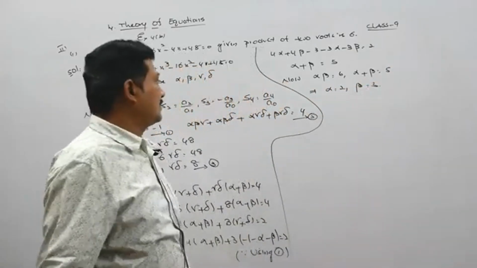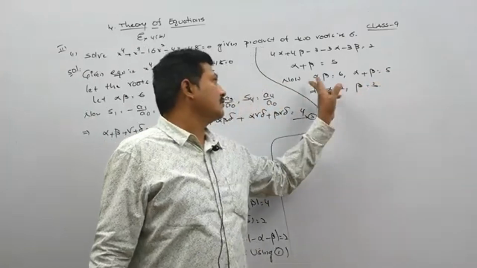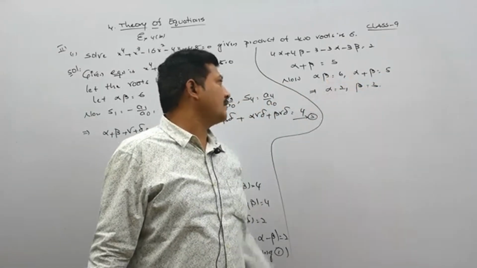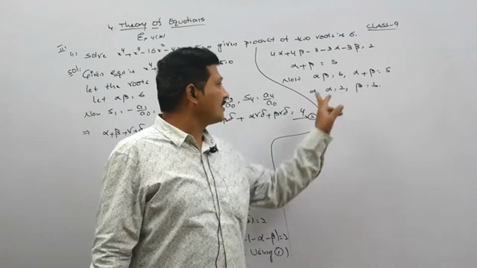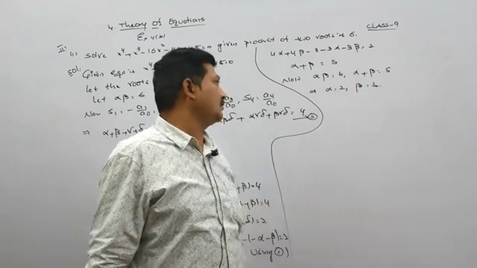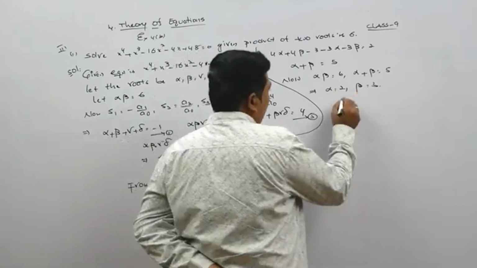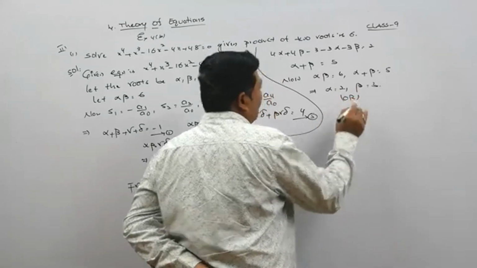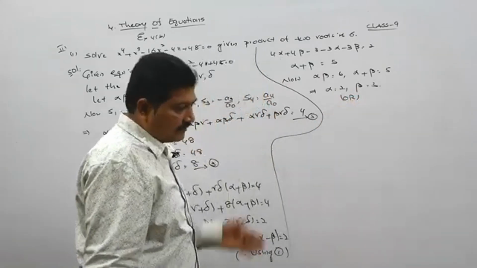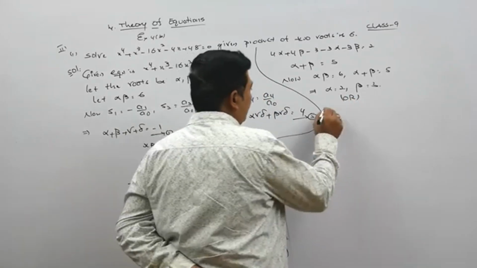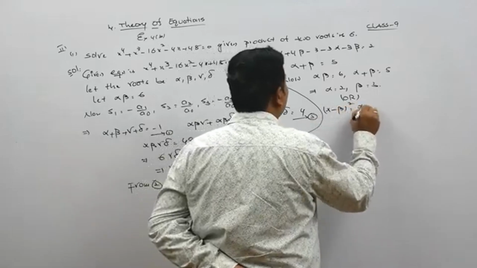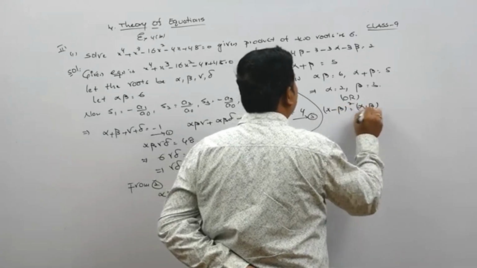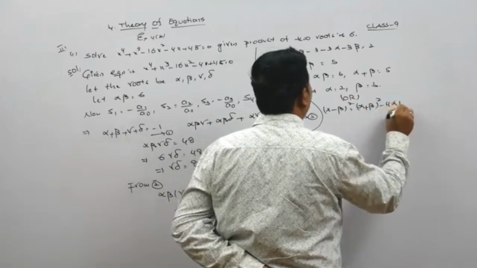You can think here simply. Sum of two numbers is 5 and their product is 6. So we have only one possibility, alpha is equal to 2, beta is equal to 3. Or if you cannot do it directly, the length of the problem will be increased. Alpha minus beta whole square is equal to alpha plus beta whole square minus 4 alpha beta.